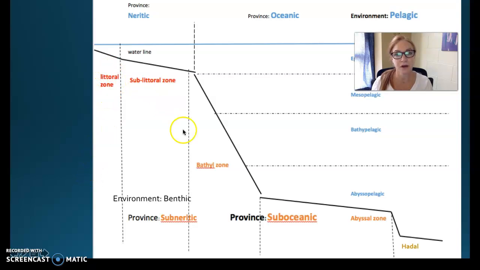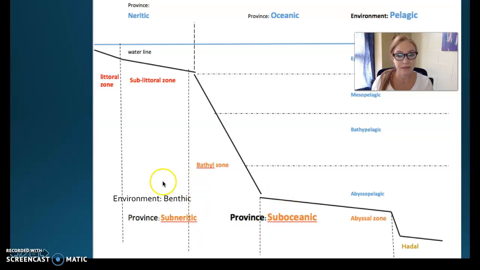So all of this under here is the benthic environment. Then the benthic environment is split into two provinces, the subneritic, which is broken into the littoral zone, that's the beach, and the sublittoral zone, that is from the low tide to the shelf. So high tide to low tide is littoral. Low tide to shelf break is the sublittoral zone. Okay?